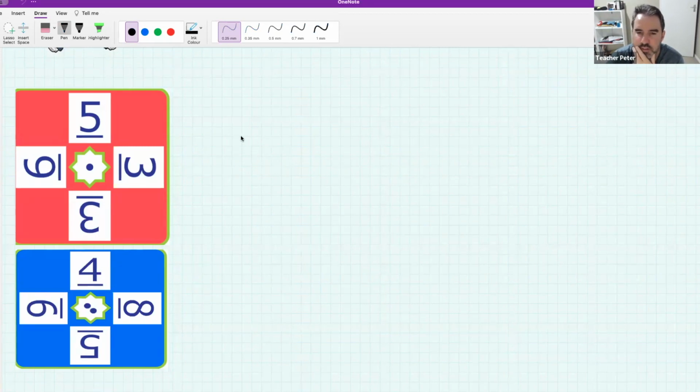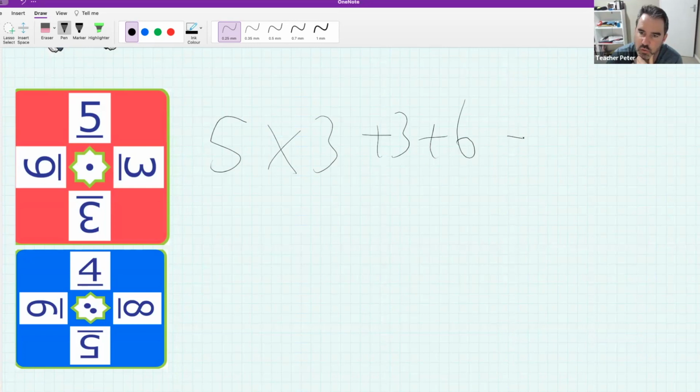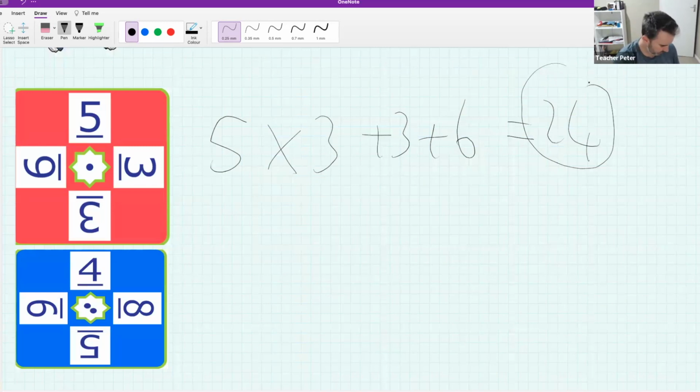Let's do it, people. Let's do it. Rulani has got 5 times 3, 15 plus 3 plus 6, which is 24. Perfect. Very nicely done. Can anyone get the blue one? Rulani has claimed the red one.